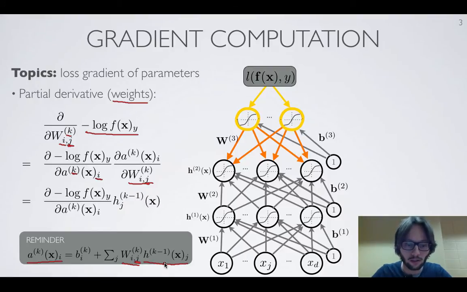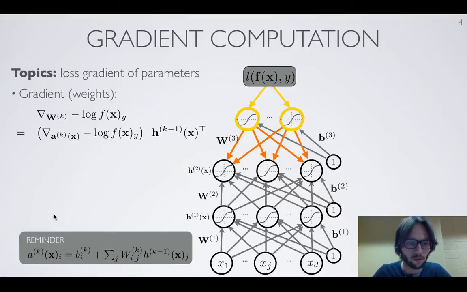If we take the derivative of that with respect to W^(k)_ij, we just get the activation value. So this is just equal to the activation of the jth hidden unit in the hidden layer just below, the hidden layer k minus 1. And now we just take that and multiply it by the pre-activation partial derivative, which we've seen the formula for before.